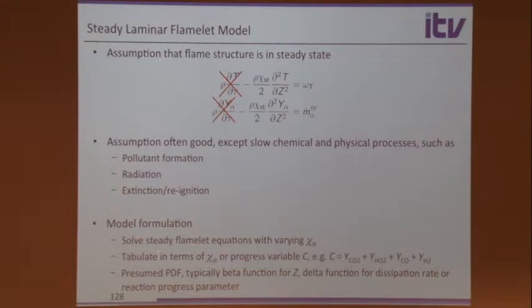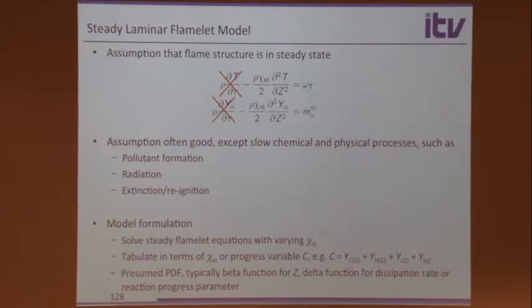So for the model formulation, as I just said, we solve steady state flamelet equations with varying chi, then evaluate this integral and tabulate in terms of the mean, the variance, and chi-stoichiometric.